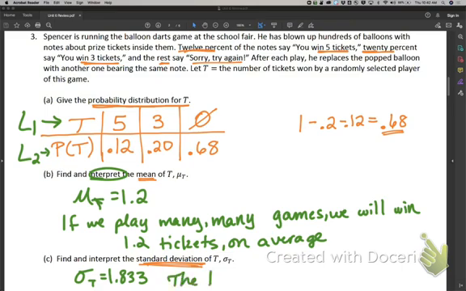And the typical variance is 1.833 tickets. So we should not be surprised, guys, if we play this game and we never win any tickets. That should not be surprising to us. We should also not be surprised if we happen to win 3 tickets. Now, if we win 5 tickets, we might be a little surprised. That was number 3.